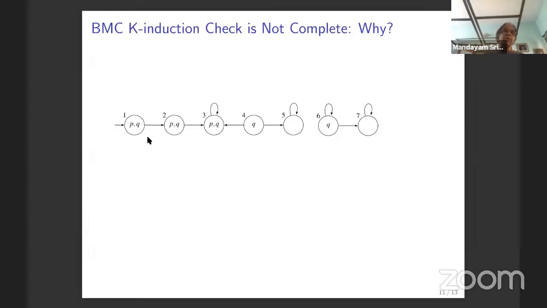Suppose the property that you're checking is AG of P. See, this state 6 continuously violates the inductiveness check. Why, Amin?